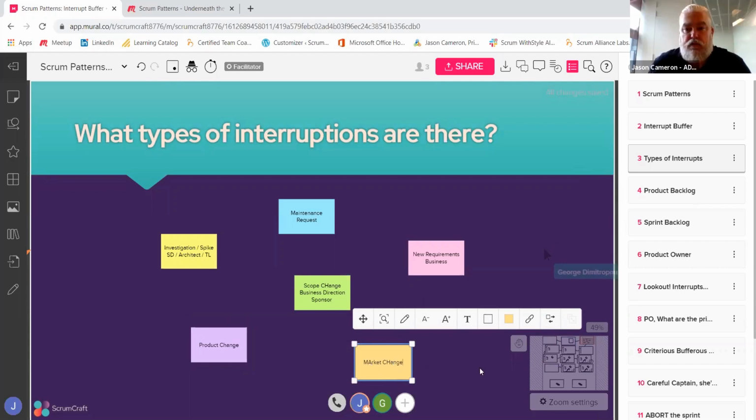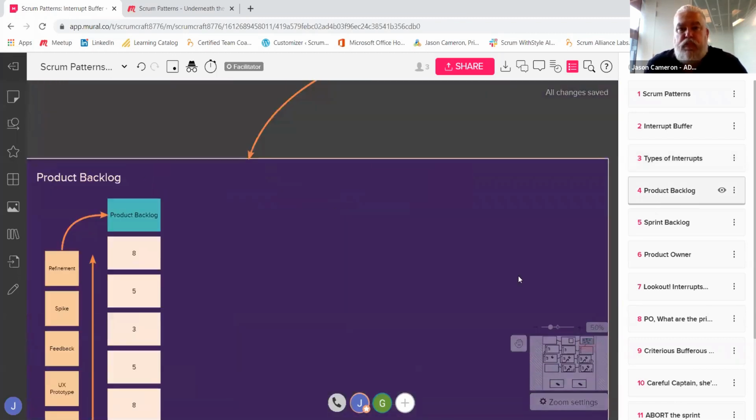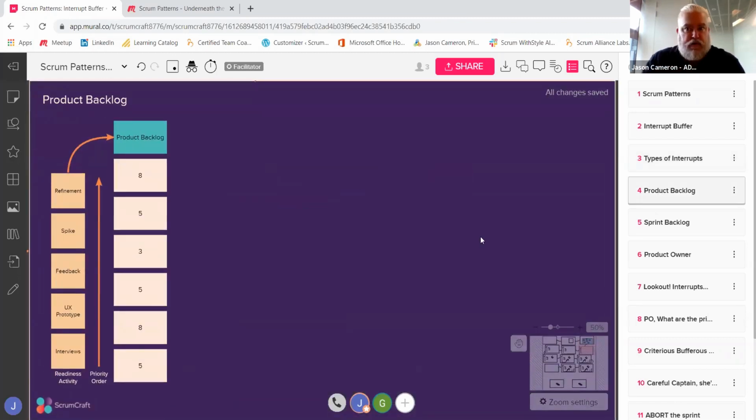Okay, excellent. All right, we've got some really good concepts to play with there. So let's have a look at the next one. I know everybody on the call would understand this bit, but I just wanted to put it into context first. When we look at the establishment and prioritization of the product backlog, we get a lot of different readiness activities.